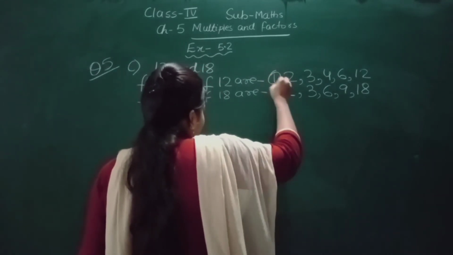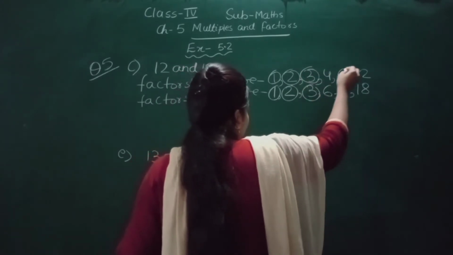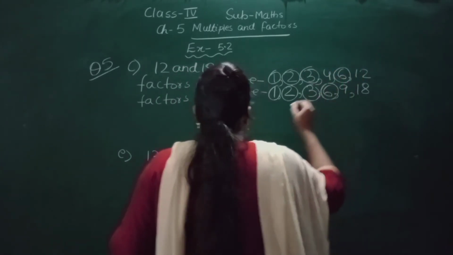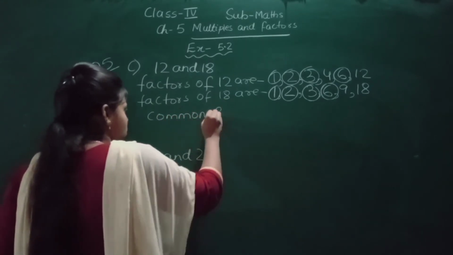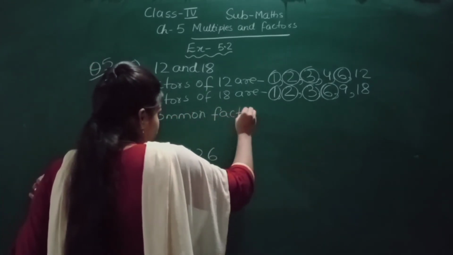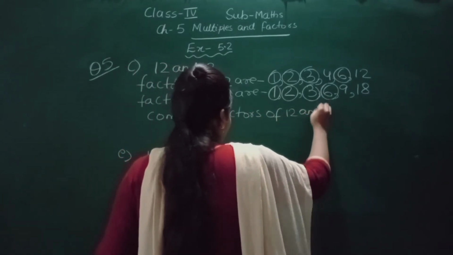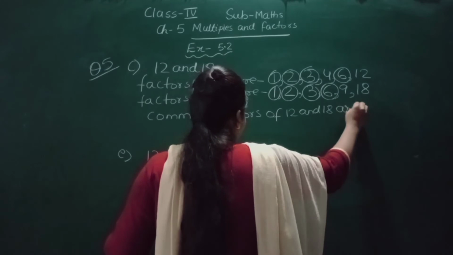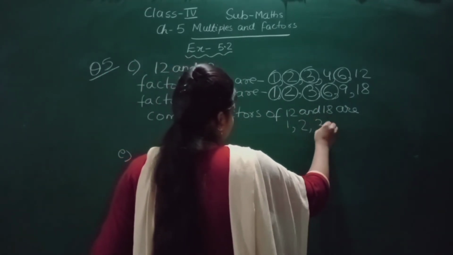So what are the common factors? 1, 2, 3, 6. Let us write here common factors of 12 and 18 are 1, 2, 3, 6.